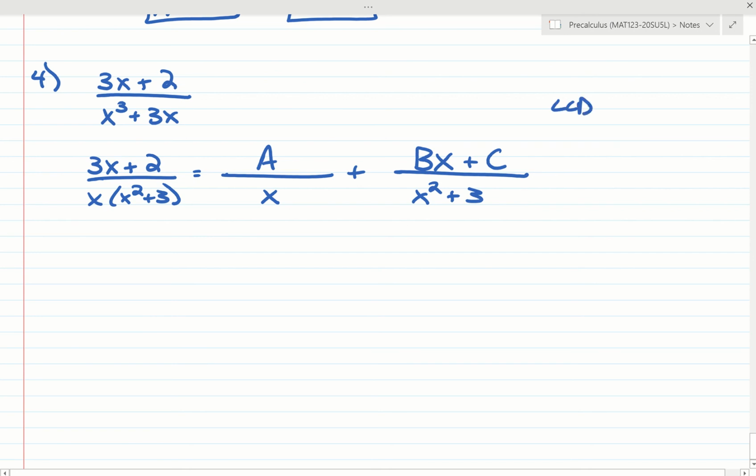So we're going to multiply all of our fractions by our least common denominator of x times x squared plus 3.